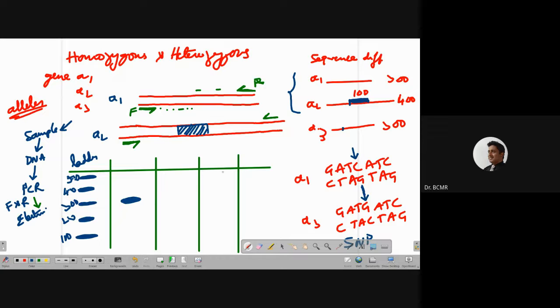What could be the possibilities? Anybody? What does it mean if they get 1 band of 300 and 1 band of 400? And what does it mean if they get only 1 400 band? Anybody?